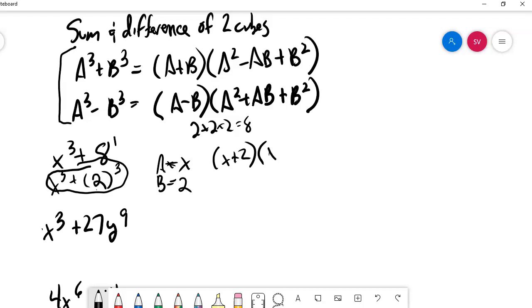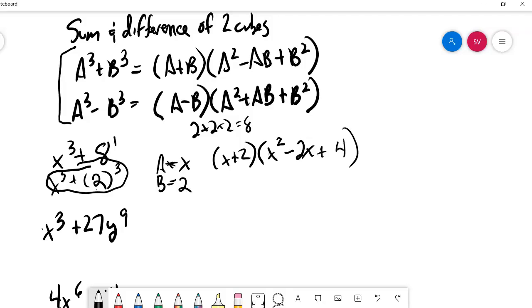A squared, put in x for A. Minus A times B, x times 2 is equal to 2x, because the commutative law of multiplication says that order doesn't matter between the x and the 2, so I'm showing the number first. Plus B squared, so I put in 2 for B, 2 squared is 4.